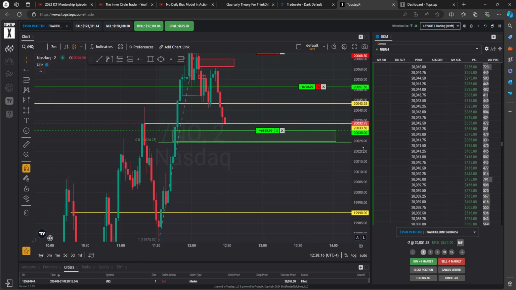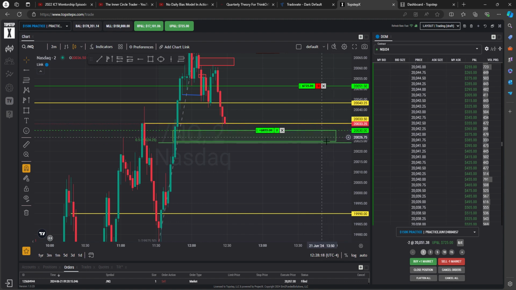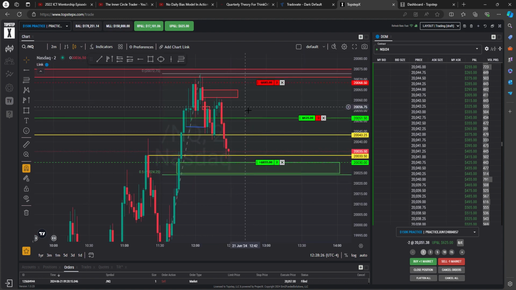So I just put my target right at the beginning of the FVG. That's right below the breaker. It is a little above the 50%. I believe it can go a little deeper, but for this trade it's not too much of a concern.